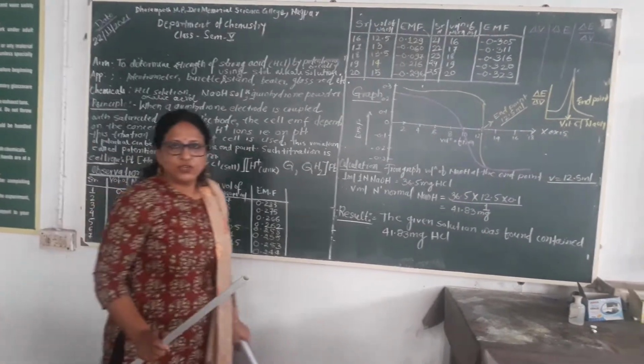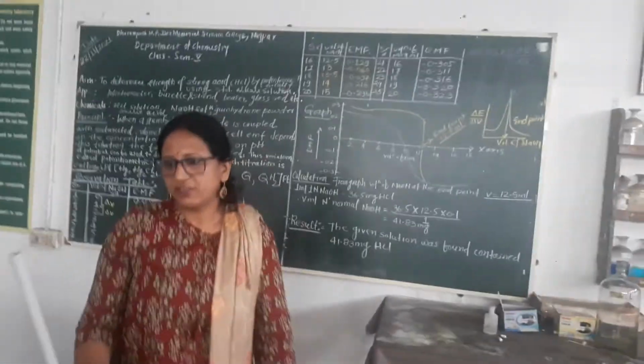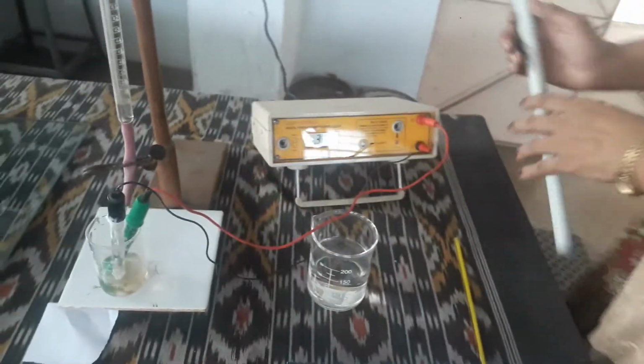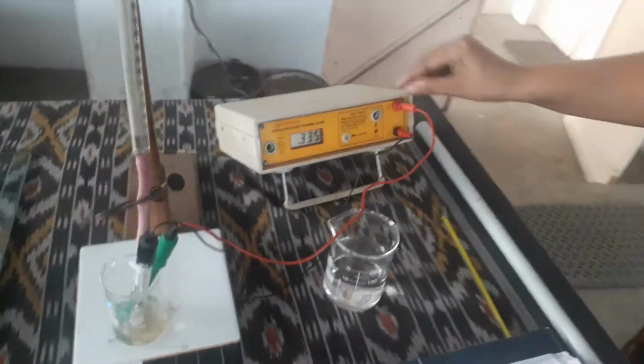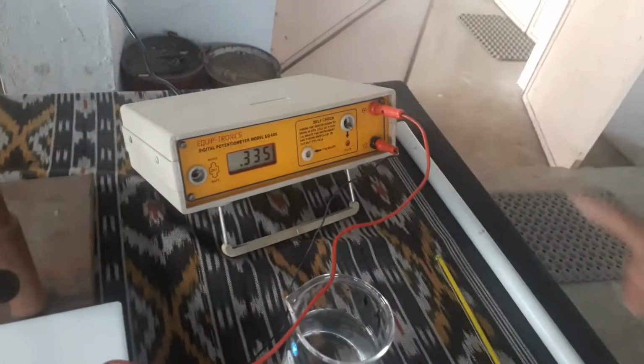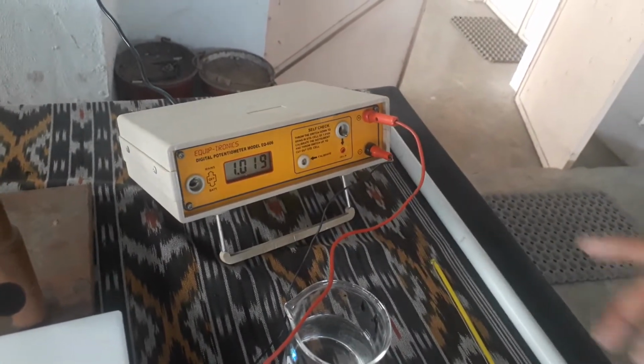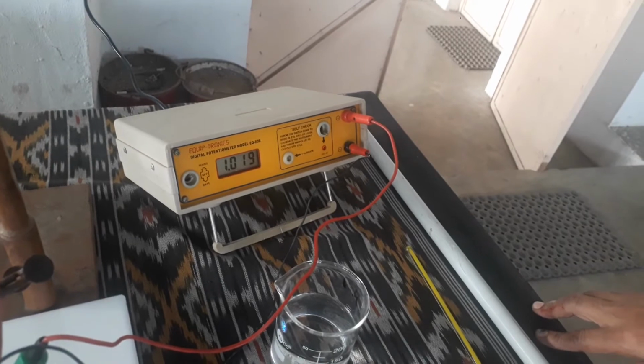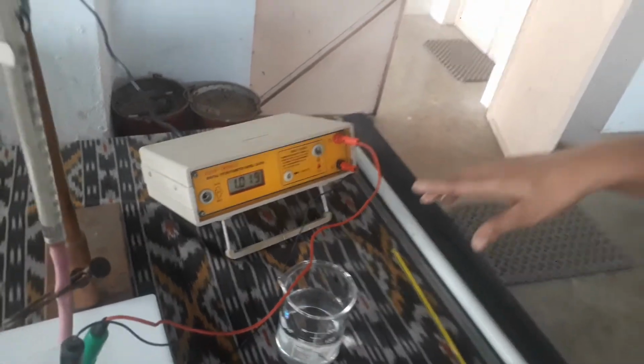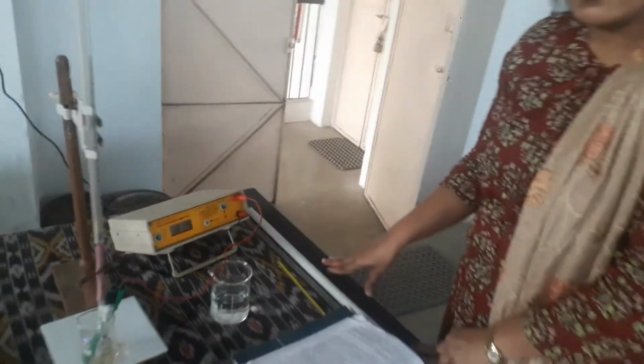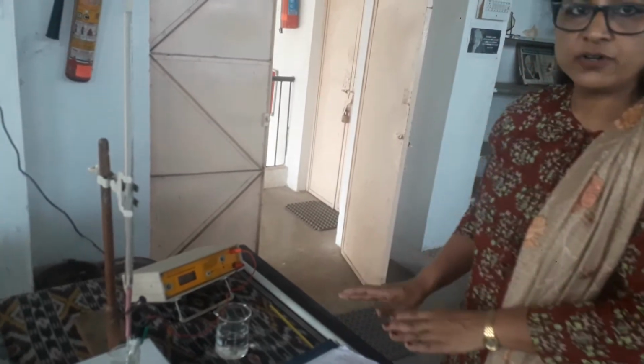And now we are going for the experimental setup of this experiment. This is a potentiometer. When we make a cell here, the reading showing here is 1.019, which means this potentiometer is standardized, and now this standardized potentiometer you can use for the further experiment.